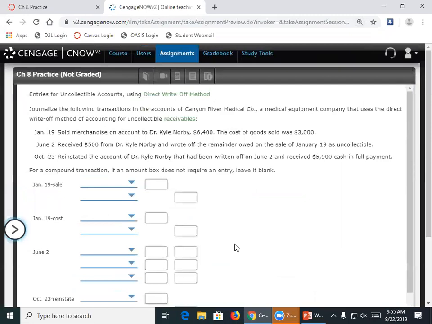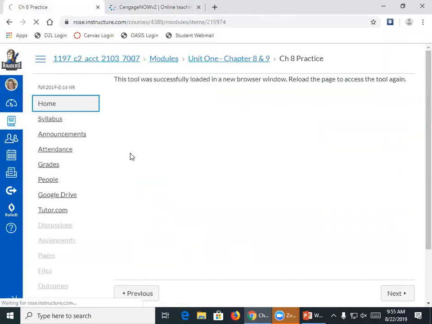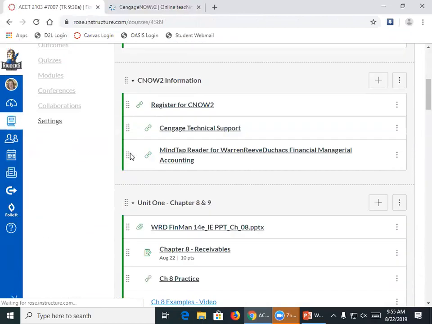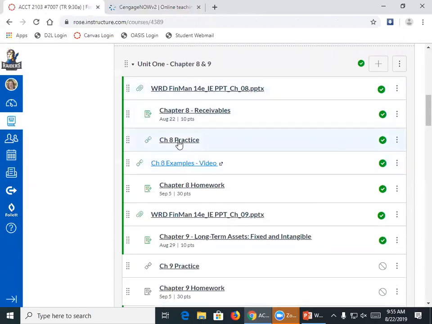So you should be able to find it on Canvas. On Canvas, if you go under Unit 1, you should see a link to Chapter 8 practice. So make sure you're on the Chapter 8 practice. It's probably easiest to go through Canvas because sometimes they're kind of harder to find on Cengage if you just log into Cengage.